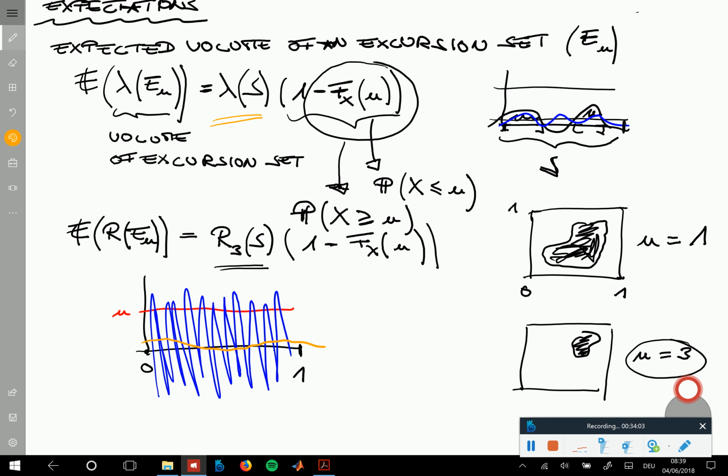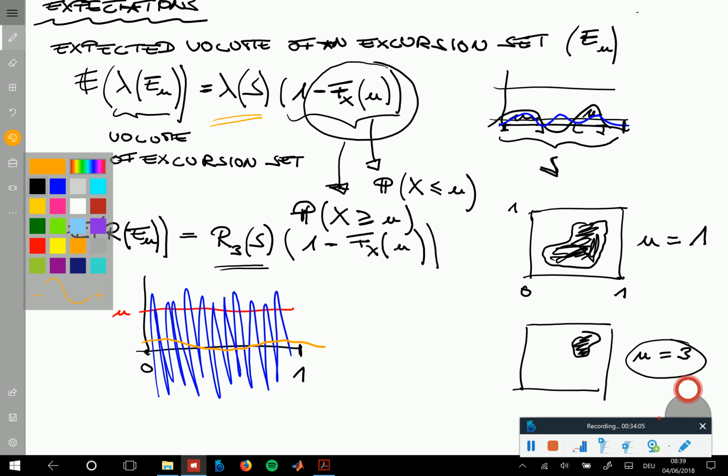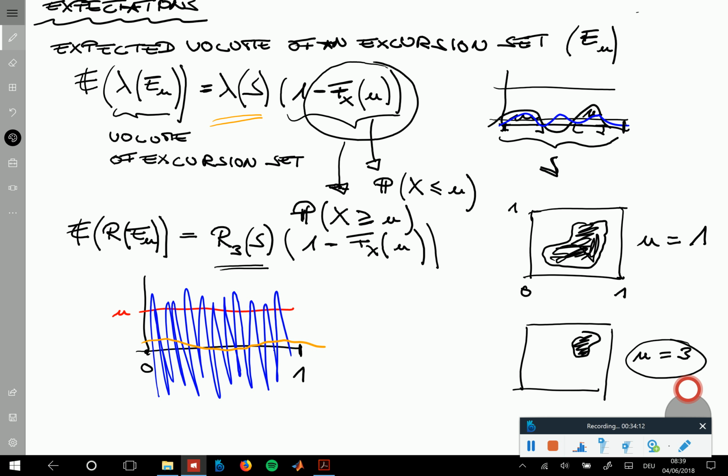Of course, it still depends on the Lebesgue measure, because the third order Riesel volume is the volume adjusted for smoothness. So if you increase the volume over which you observe the random field, then you again increase your expected Riesel volume. Good. Questions about this?